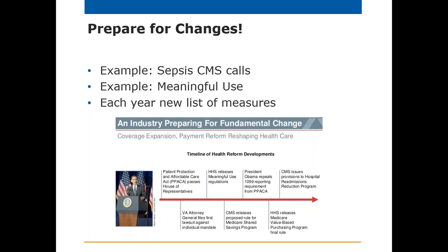The three largest payers are currently involved, and that's United, Aetna, and Anthem, and they cover about 1/3 of the population. So they're saying, hey, this is working for CMS. We're going to do it too. So just in the very near future, you're going to see more companies come and say, you have to now provide us with quality statistics. We only want our patients to go to quality.